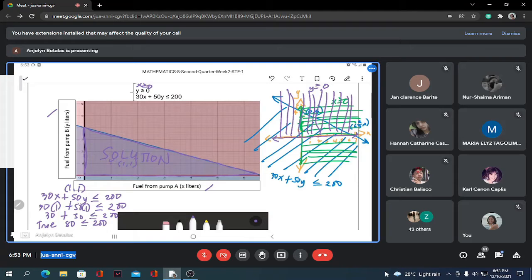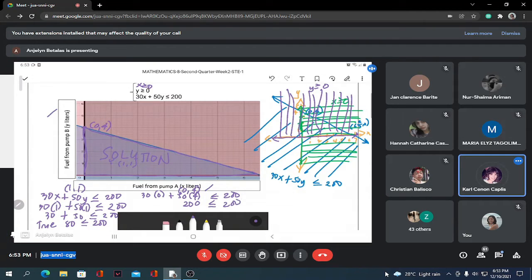It can also be this, class: 0 liters from pump A and 4 liters from pump B. So 30 times 0 plus 50 times 4 is less than or equal to 200. 30 times 0 is just 0, and 50 times 4 is 200.